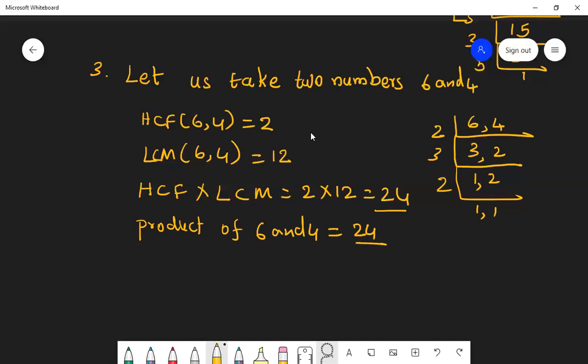The second one, any number which ends with the digit 0 will have 2 and 5 in its prime factorization, and more factors it can have, but 2 and 5 must be two of its factors. The next one, when you multiply HCF of two numbers and LCM of two numbers, that will be equal to the product of those two given numbers.